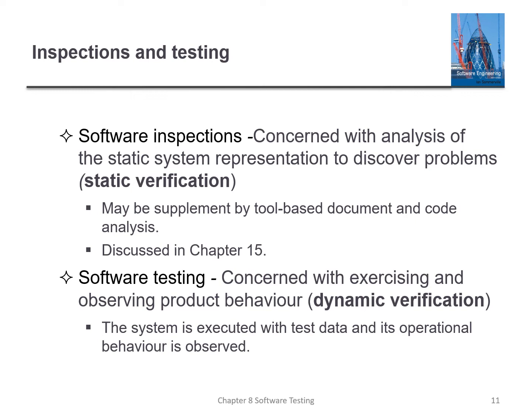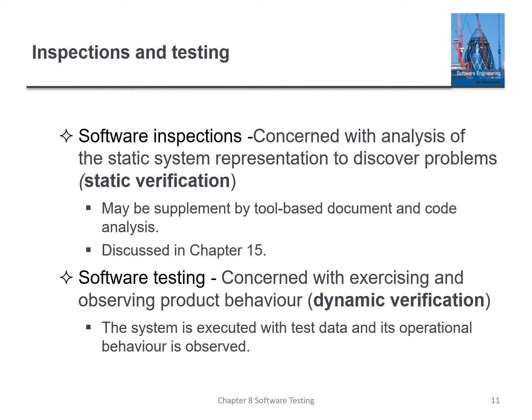Most of the time it is done manually, but there are some tools to help. You can imagine software inspection like a teacher checking your homework. It is done manually. Maybe there is a set of schema that the teacher is using to check whether you are doing it correctly.